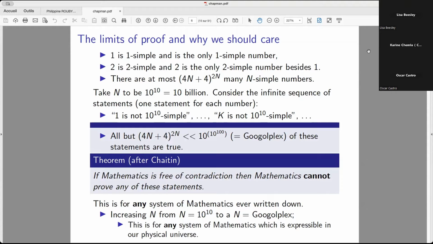If you increase n from 10 billion to a Googolplex, then this is for any system of mathematics that can be written down in our physical universe. So we have a knob here, it's just how big you make n, and we can quickly get to an infinite number of statements. We know all but a small number of them are true. Can't prove a single one.